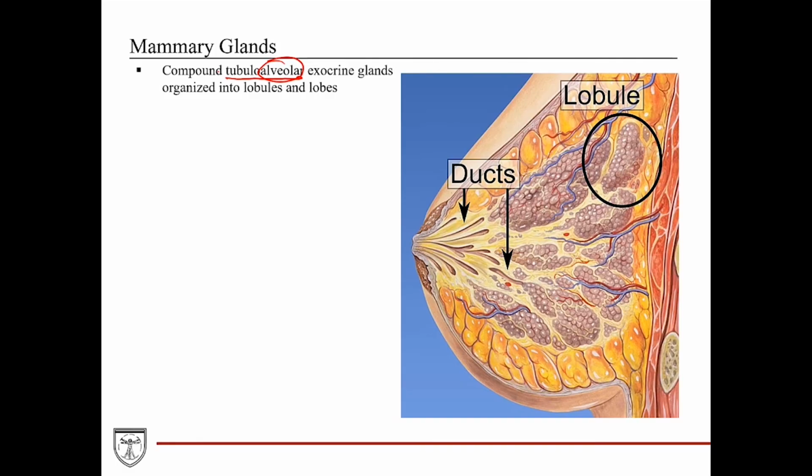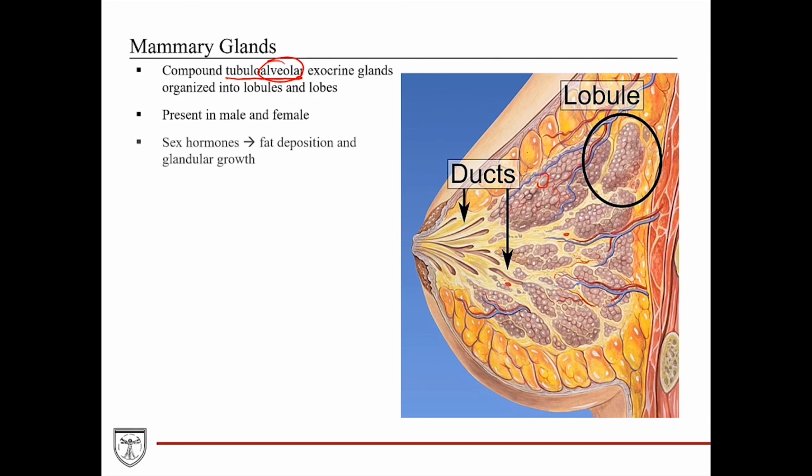However, we're using the term alveolar to refer to the fact that some of these spherical glandular units can get quite large and dilated and spherical. The mammary glands are present in both sexes, both in males and in females.